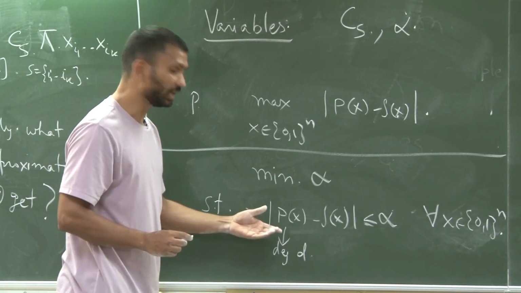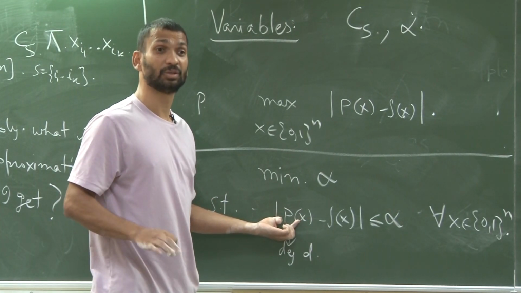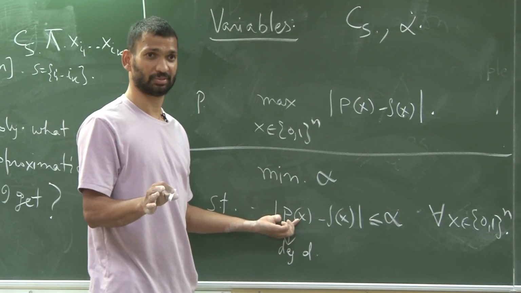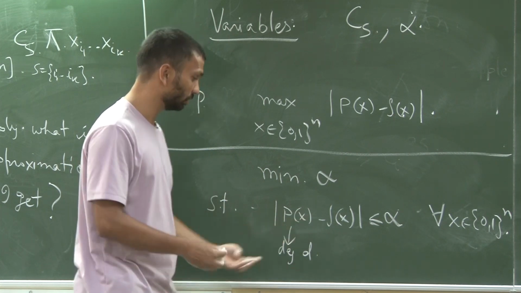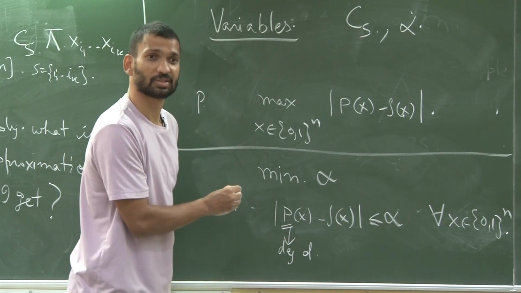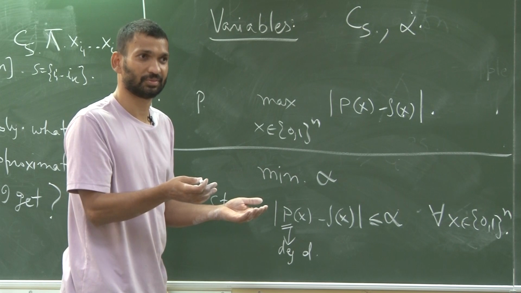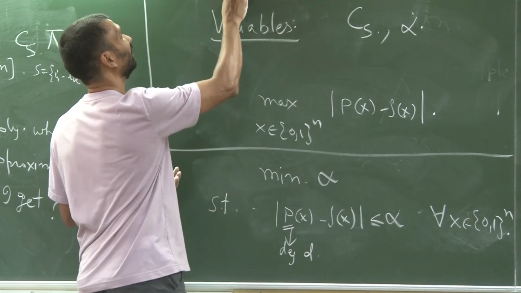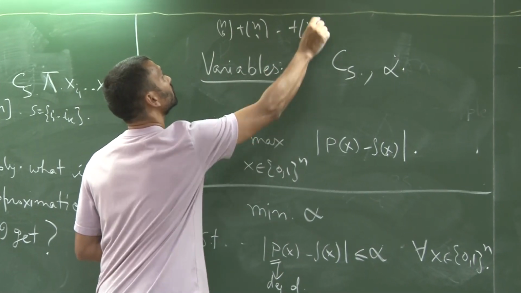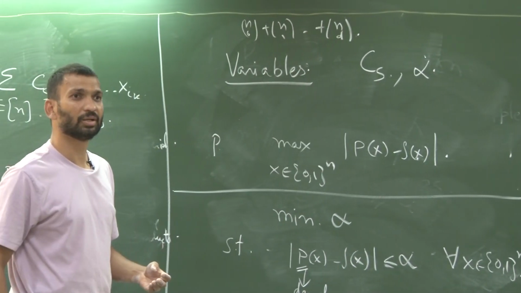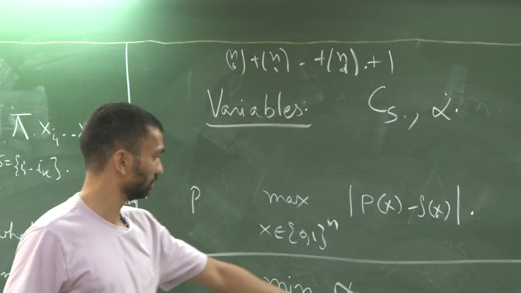Even though it looks like this, x here is not a variable. The variables are the coefficients and they will only go up to the D size subsets. So that would be n choose 0 plus up to n choose D, so I have these many variables plus 1 for alpha.